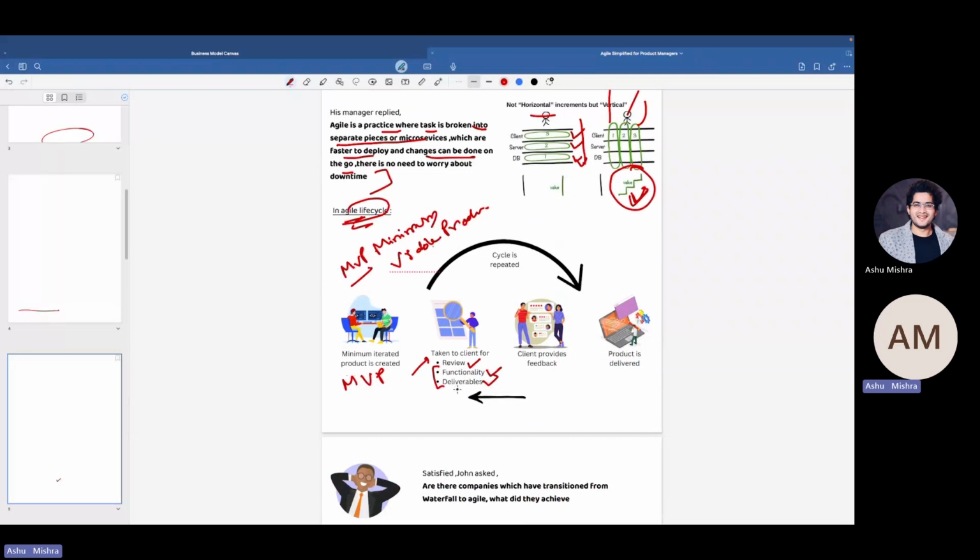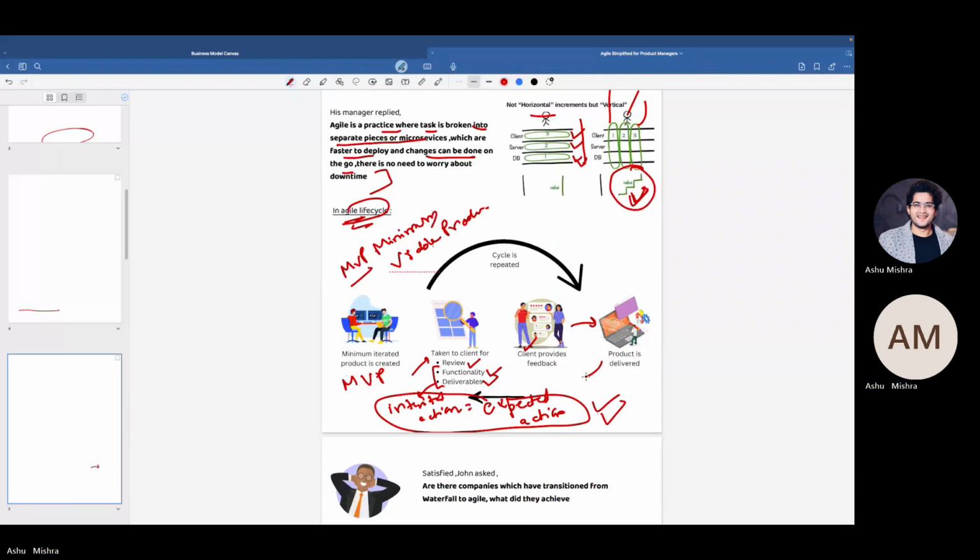So what I mean by functionality and deliverable is that intended action equals expected action. So if this equation is matching, the deliverables and the functionality are working. So the client provides feedback, and in the first iteration, the product is delivered, right?